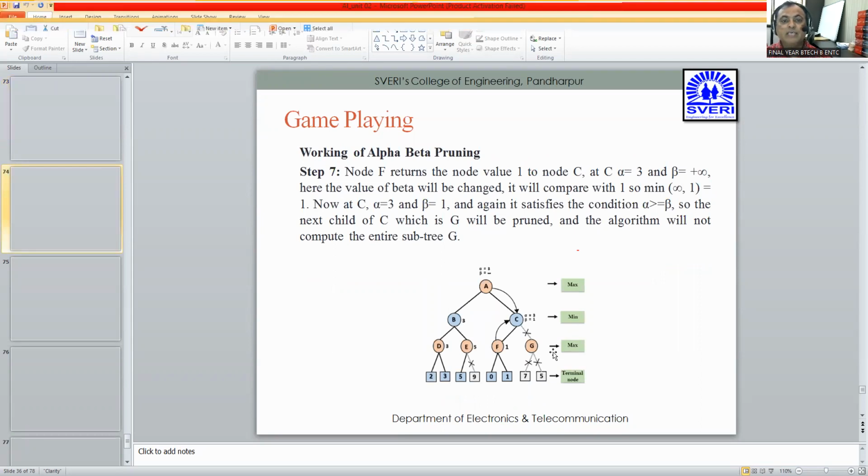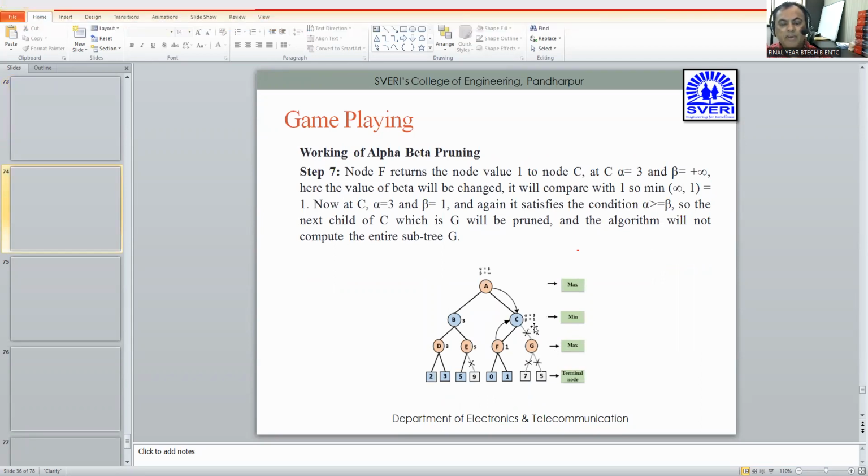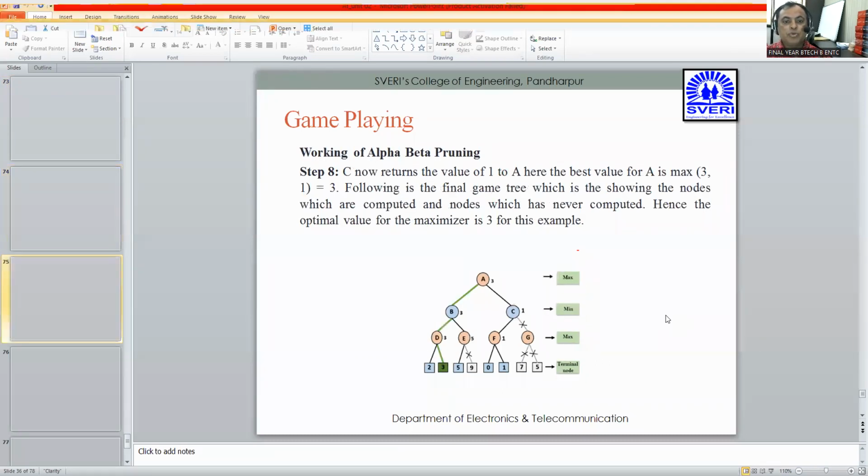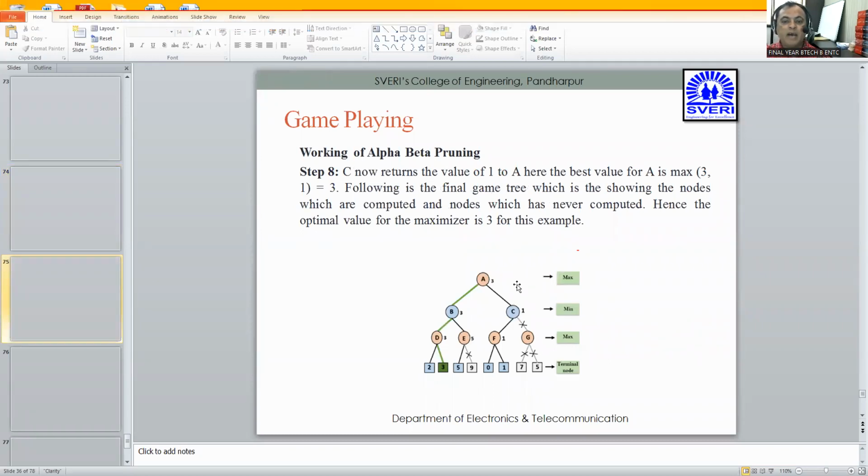Now, as far as 7 is concerned, in this case, what will happen is that alpha is equal to 3 and beta is equal to 1. In this case, alpha is greater than beta, and henceforth it will traverse here only. It will not continue. So this algorithm will not complete the entire subtree of G. So what will be the path? The path will be equal to A, B, D, and 3.